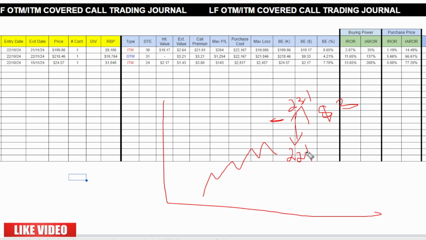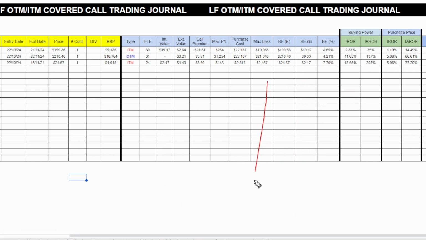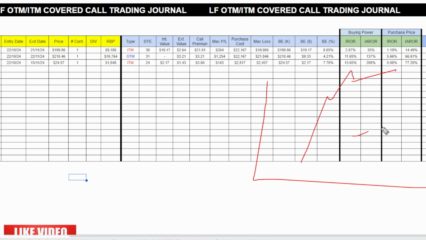From 221 to 231, you already have $10 per share. Here alone, you have $1,000 just in capital gains from the shares, plus the call option that you sold. But in this case, there are no capital gains in the shares, and the extrinsic value here is very small, because that's what you get at the end, the extrinsic value.